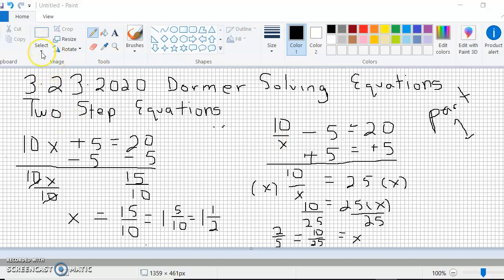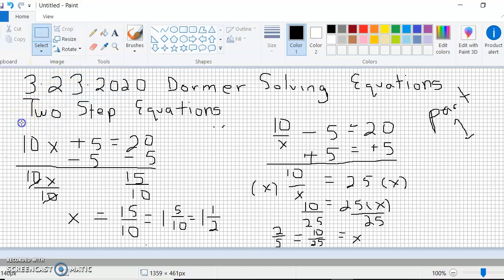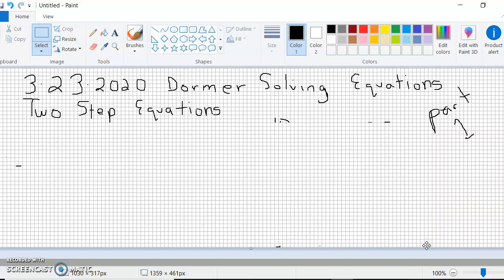All right, so I am going to remove this. Okay, rectangular selection. And we're going to do linear equations with variables on both sides. And we read it apart. And again, you have your notebook that you're preparing to write.